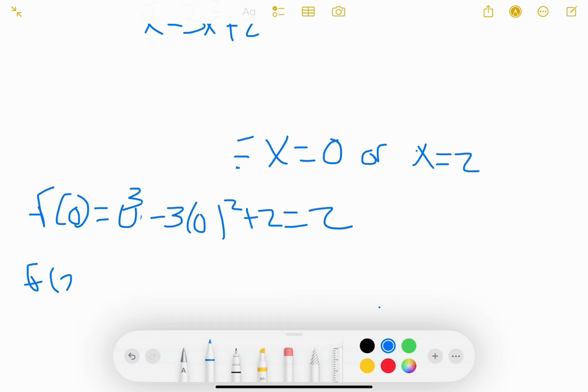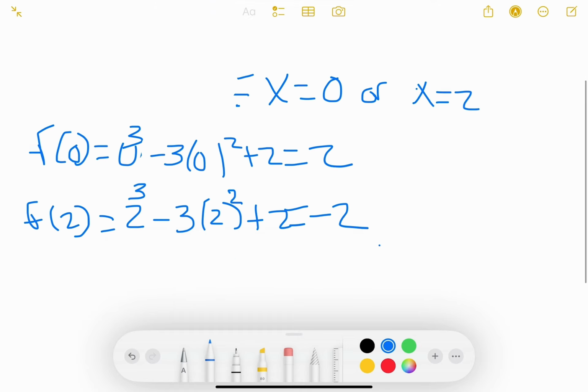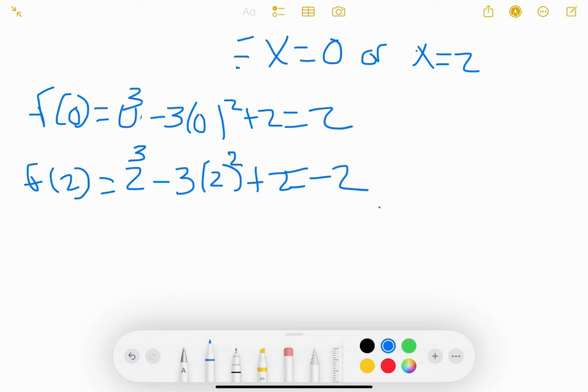And f of 2, which is going to be 2 cubed minus 3 times 2 squared plus 2. When you work everything out, you're just going to get negative 2. So you have your critical points right here. Your critical points are going to be 0, 2, and then 2, negative 2.